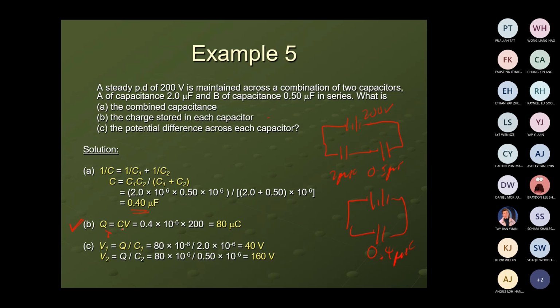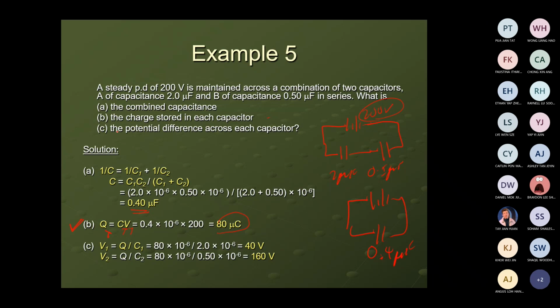The total charge stored is C total times V total. So C total here is 0.4 times 10 to the power of -6, and V total, the total voltage, is 200. So you get the total charge stored in both capacitors together as 80 microcoulomb.